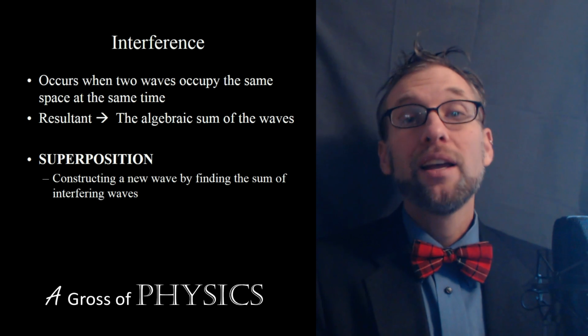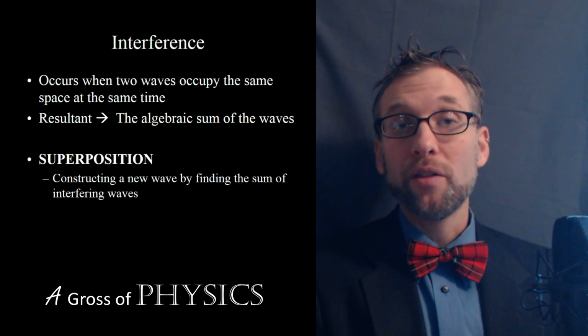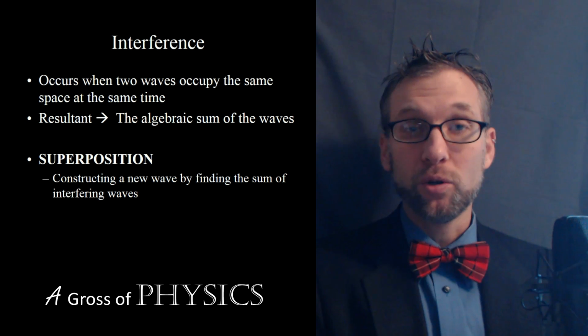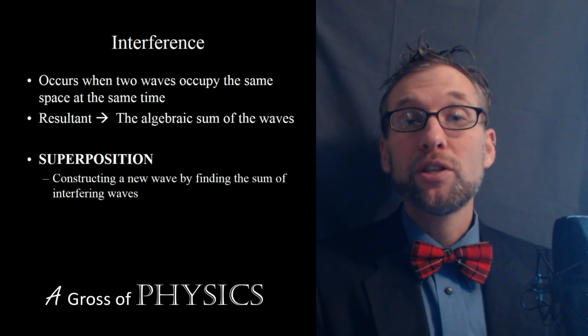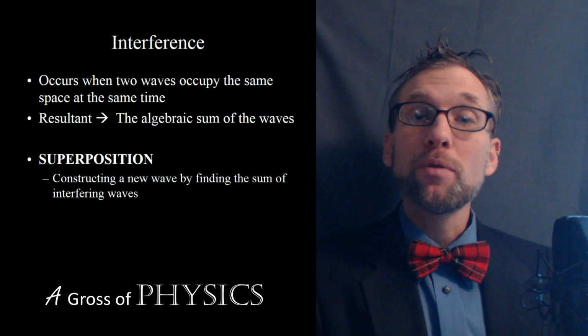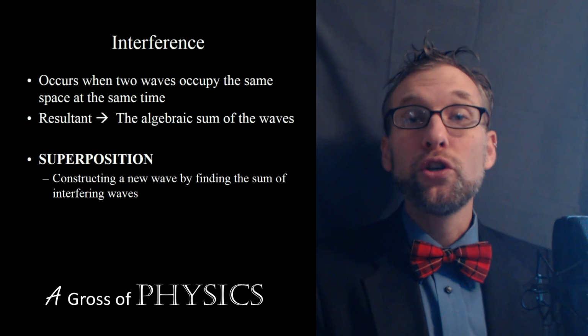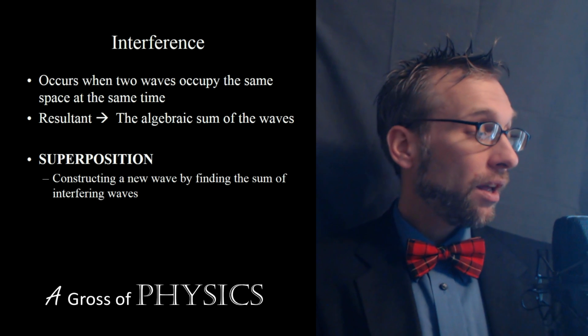On the other hand, if wave 1 tries to pull up on the particle with a 1, and the other wave tries to pull down on the particle with a 1, the resultant would be 0 because we would subtract the 2. So the superposition is the final placement of the particle due to the interaction with the two waves themselves.